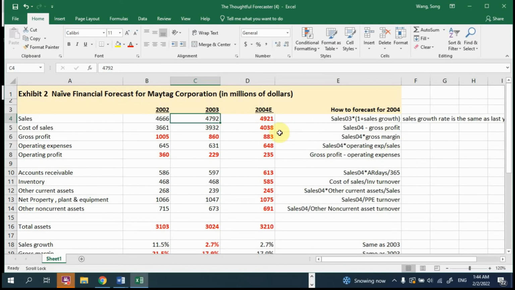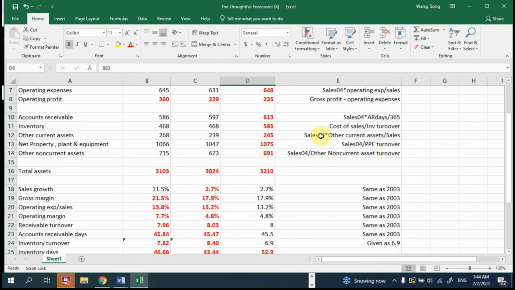And for the cost of sales, it could be forecasted. However, here's the trick. I know the textbook is tricky. We want to know the gross profit first, and the gross profit margin first. So the textbook basically assumes in the next year, the pro forma year or the estimated year or the forecast year, however you want to call it, the sales growth is the same, and the gross margin is also the same.